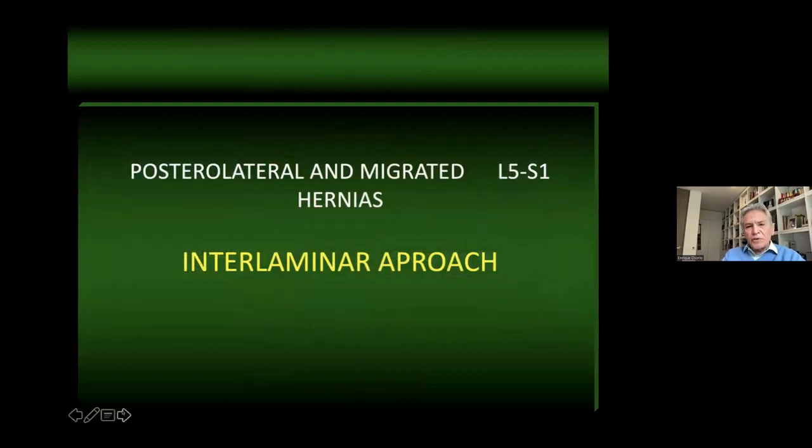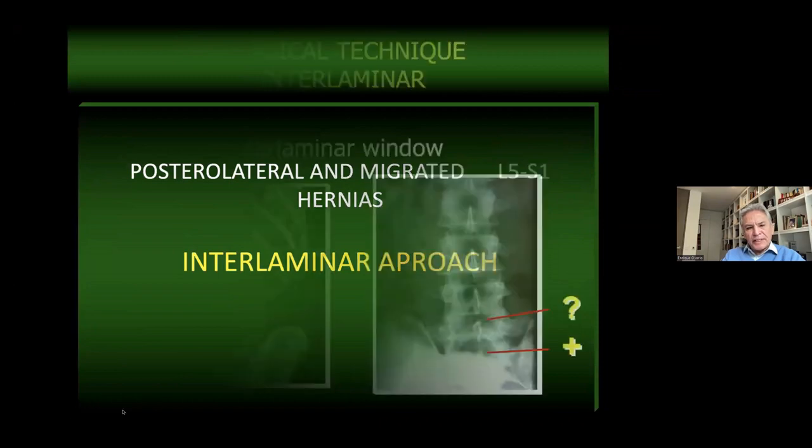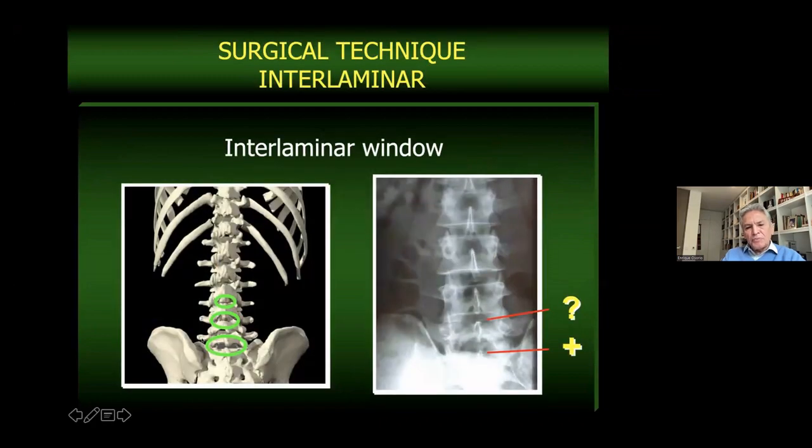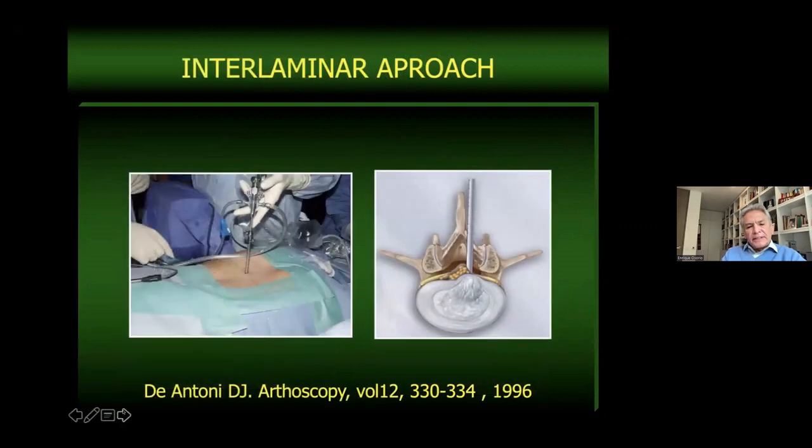And for posterolateral and migrated hernias in L5-S1, we use the interlaminar approach. This interlaminar approach we use because the interlaminar window is very, very big, and it is very easy to enter with the endoscope. Also used in L4-L5 disc herniations. And we enter like a microdiscectomy, but of course with a very small incision.